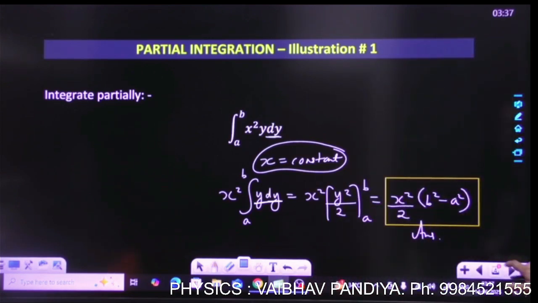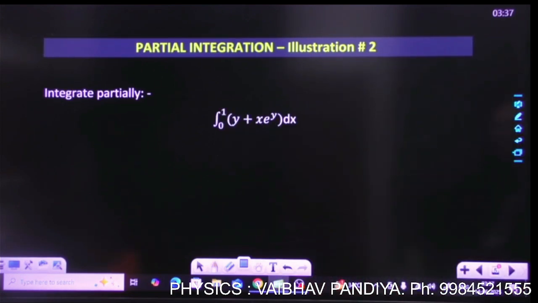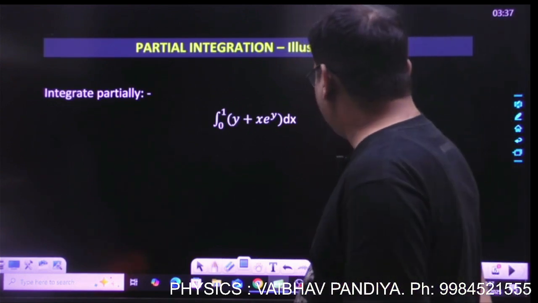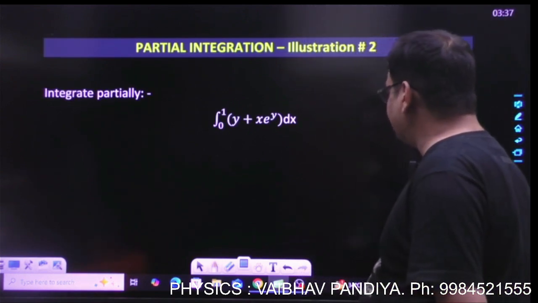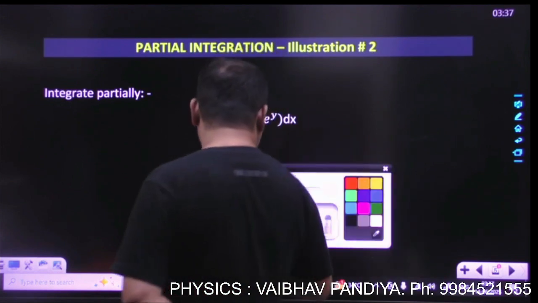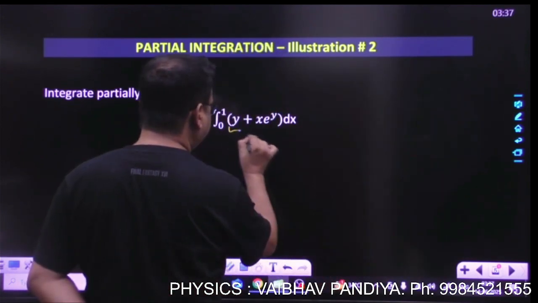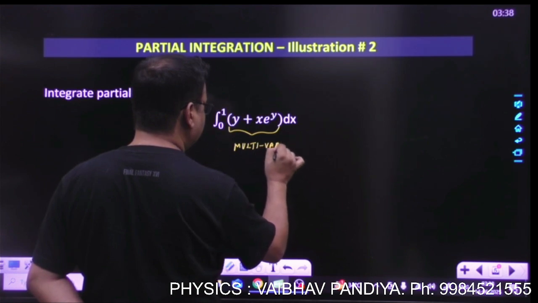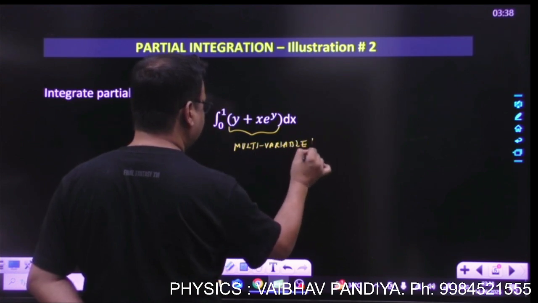Okay. Now let's see illustration 2. Integrate partially within the limit 0 to 1 y plus x e index y dx. Now here again the integrand is multivariable, correct?